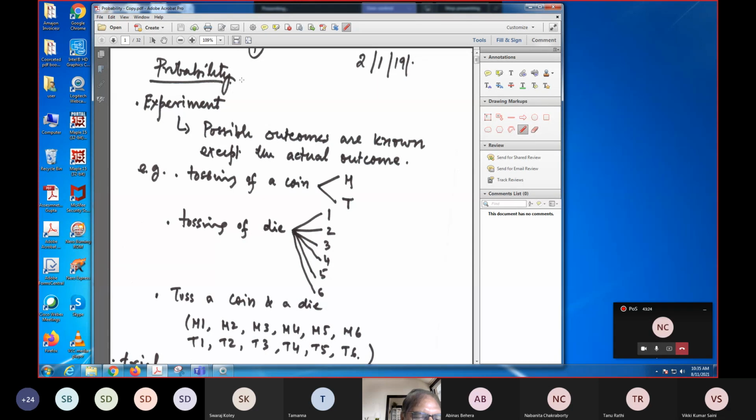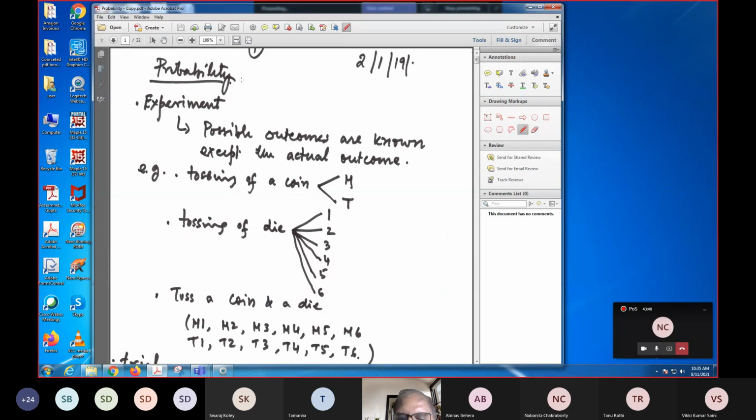What is the meaning of experiment? The word experiment we are familiar with. We conduct experiments in physics, chemistry, biology, medical sciences, and many other places where the term experiment is used. You have also done experiments in physics and chemistry. But here we focus on those experiments where possible outcomes are known.